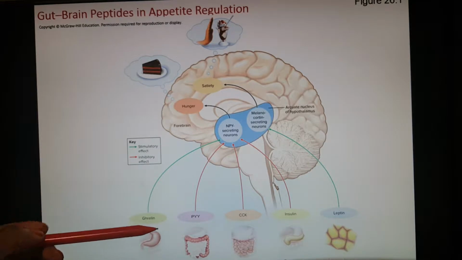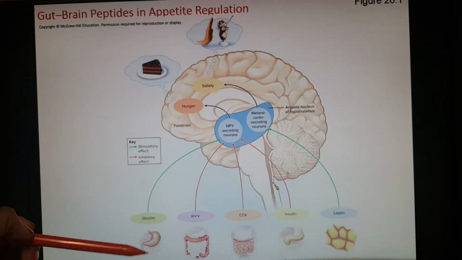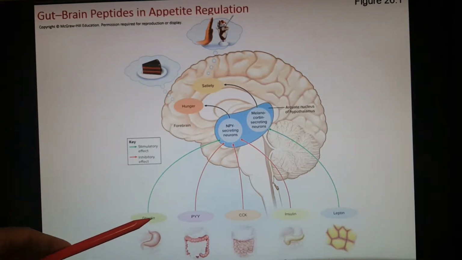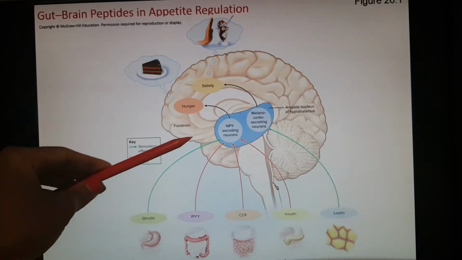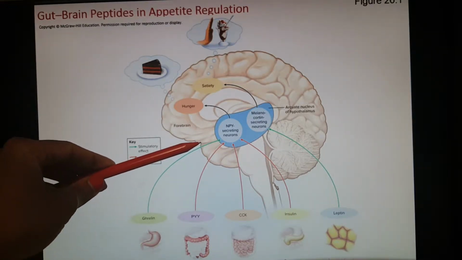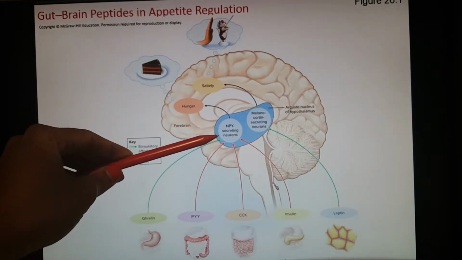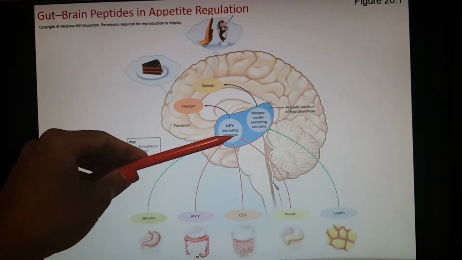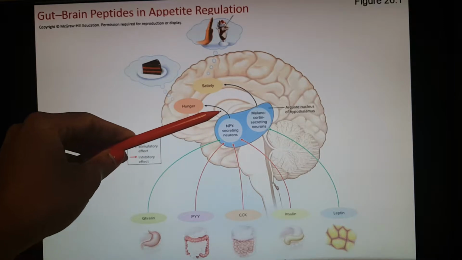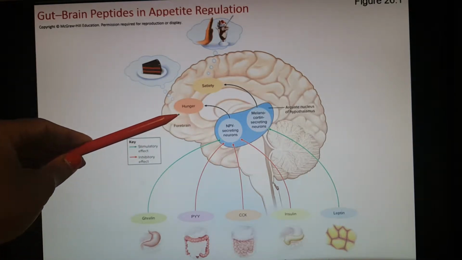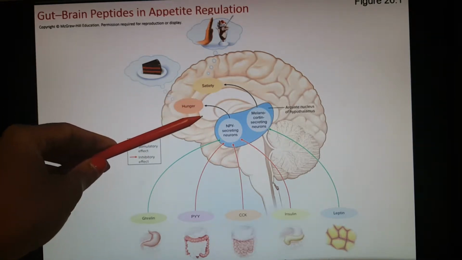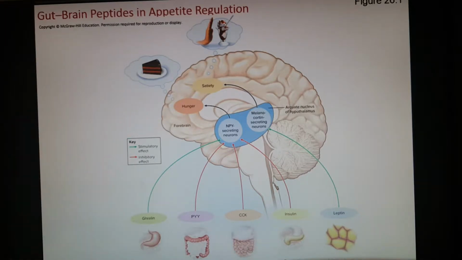So your ghrelin has a stimulatory effect in the hypothalamus on your neuropeptide Y secreting neurons. So this causes the release of neuropeptide Y that causes an increase in your hunger level. So when your stomach is empty, ghrelin is secreted to get you to feed yourself.